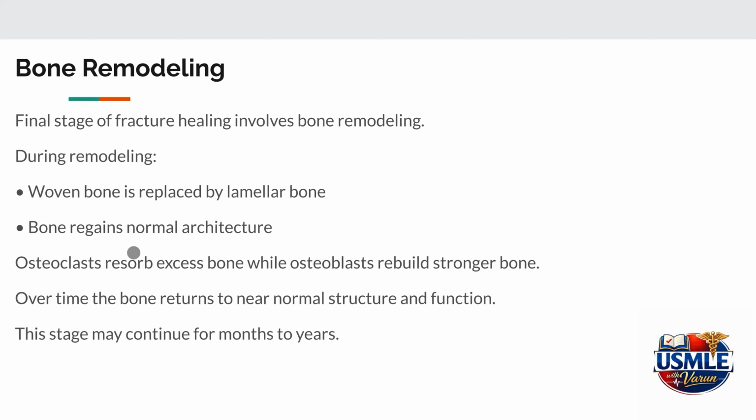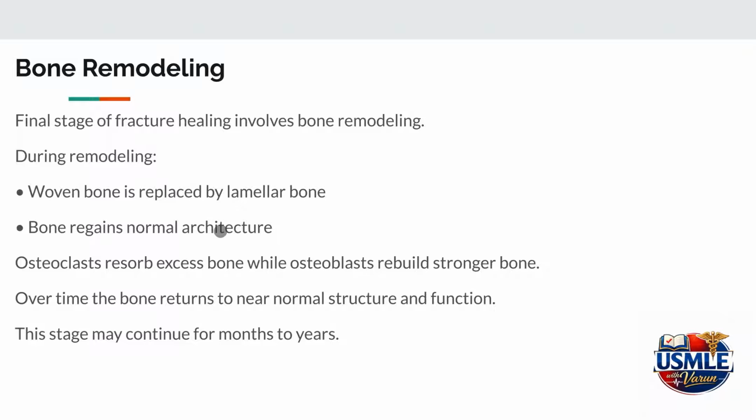The final stage of fracture healing is bone remodeling. During this phase, the woven bone produced during the hard callus stage is gradually replaced by mature lamellar bone. Osteoclasts resorb excess bone while osteoblasts deposit new organized bone matrix.